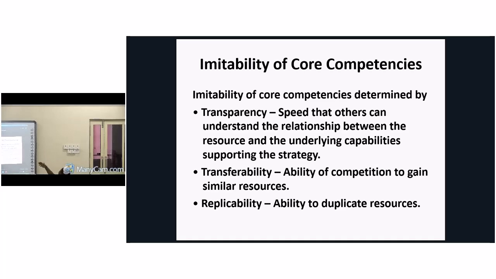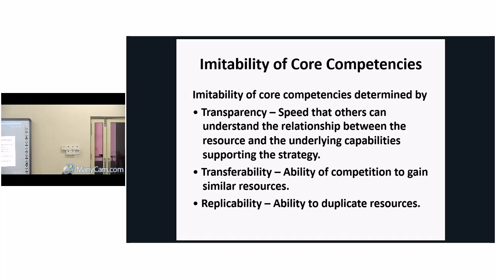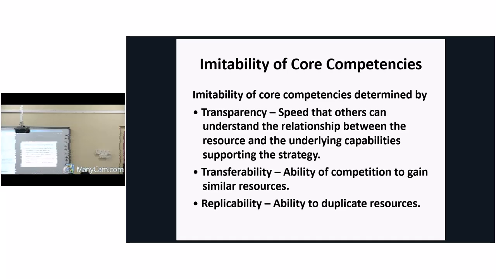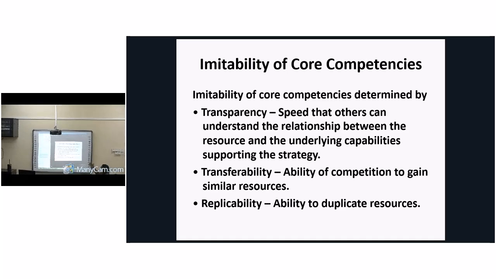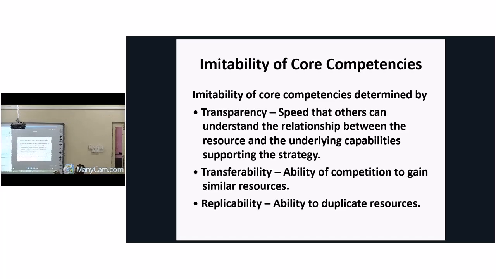So if these three things are there, transparency, transferability and replicability, then imitability is high. If the imitability is high, the sustainability is low. So transparency, transferability and replicability determine the imitability.